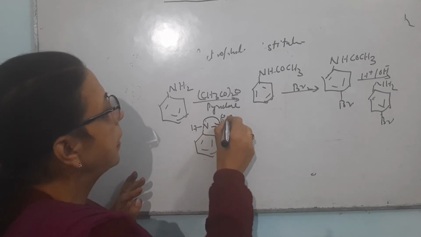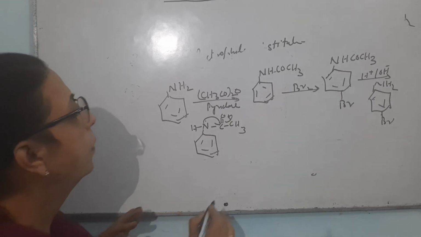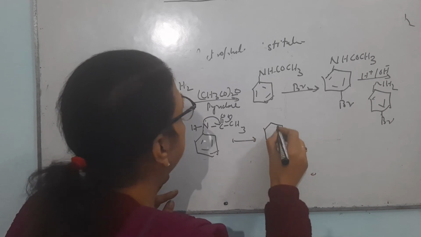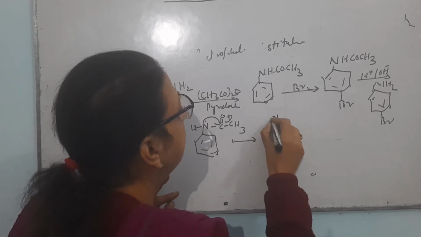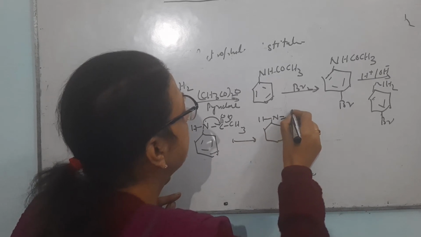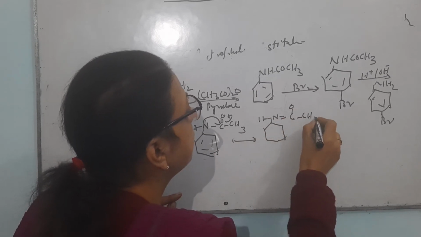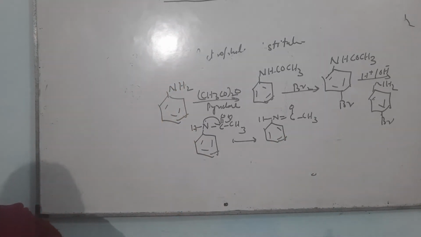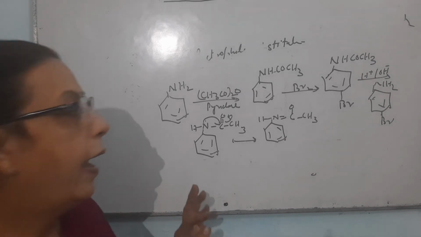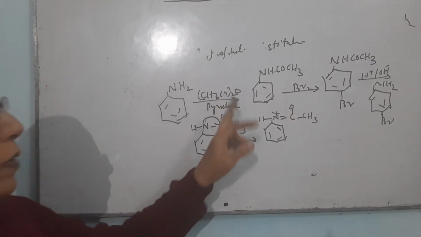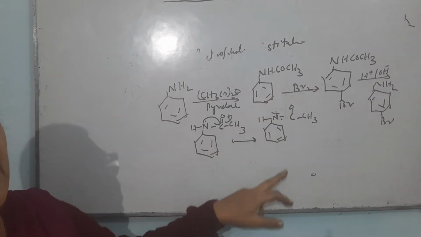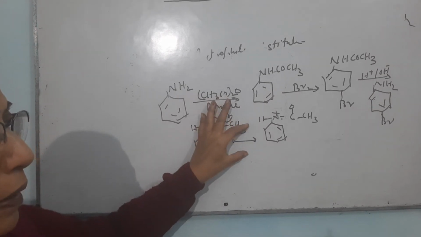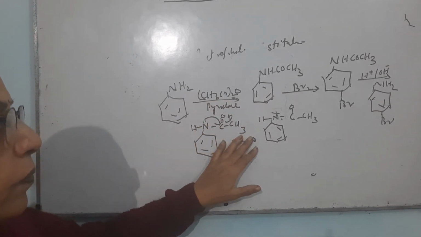This lone pair will be taken by the carbonyl group, and there will be formation of a resonating structure, that is N double bond, COCH3. Because of the formation of the resonating structure, the deactivation of this compound will be taking place. So the reactivity becomes very slow.